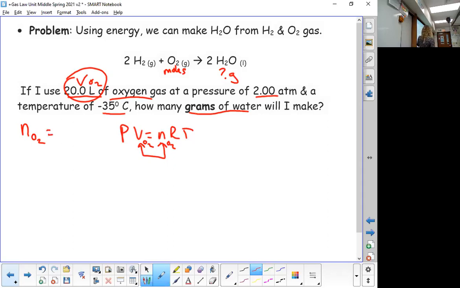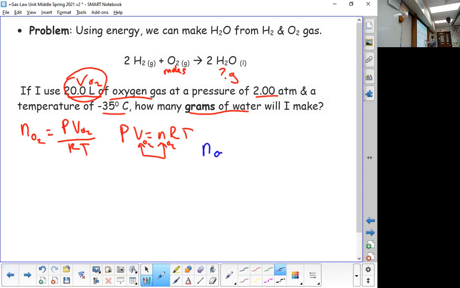So this is going to be our pressure times volume of oxygen over the ideal gas law constant times temperature. We have pressure in atmospheres, so I'm going to use the ideal gas law constant that has that.